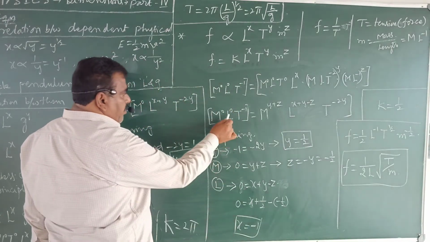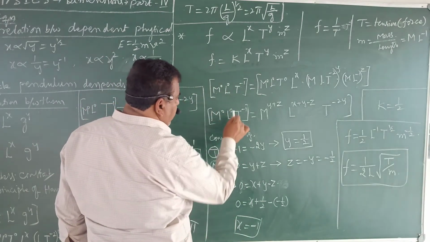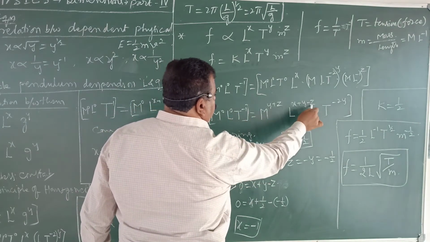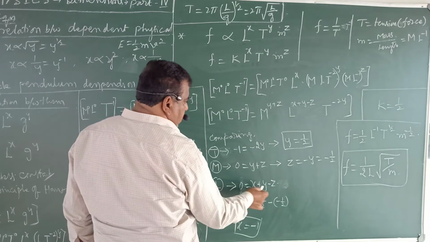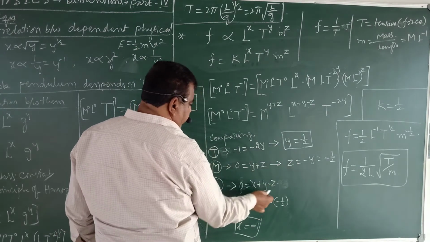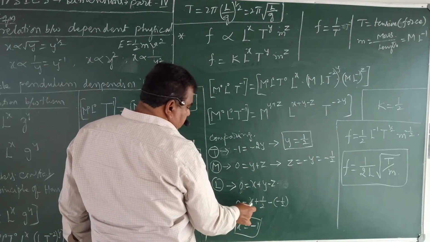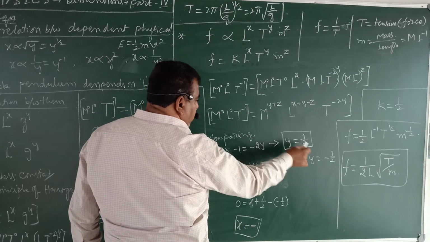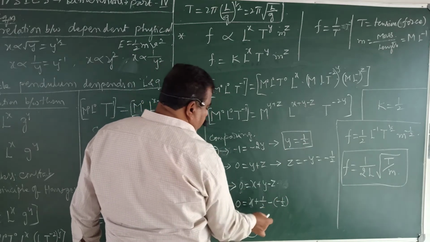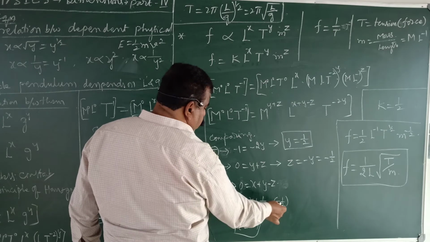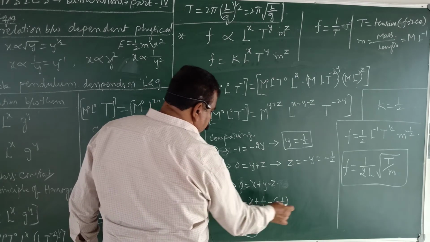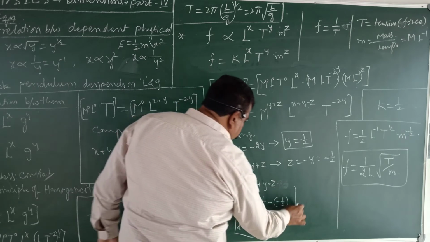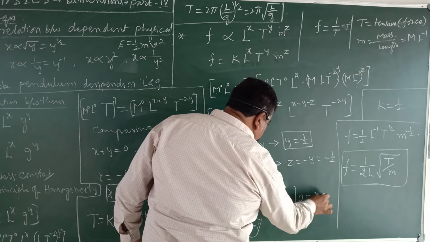Similarly, comparing the dimensions of length, which is 0, the dimension of length is x plus y minus z. If I substitute y is half and z is minus half, minus of minus is plus, half plus half is 1. So 0 equals x plus 1.